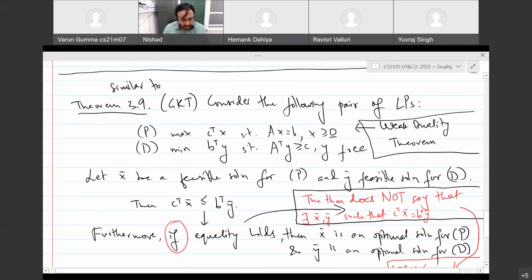Theorem 3.9 in one of the texts we are following is actually different. Instead of this being a maximization problem, they consider this being a minimization problem. So the primal could also be the minimization problem, in which case the dual will be the maximization problem. Also, you might be wondering, is the dual of the dual back originally the original primal problem? The answer is yes. The dual of the dual takes you back to the primal problem, which would make sense.